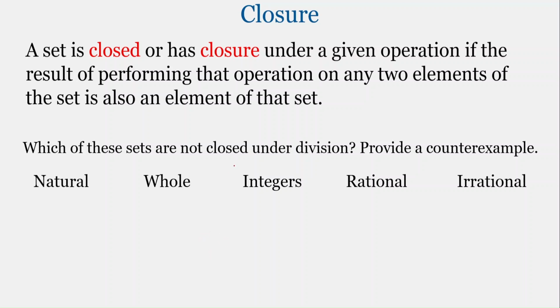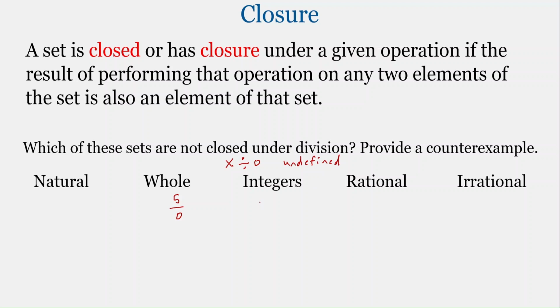We talked a lot about 0, and division by 0 is undefined. So any set that has the number 0 will not be closed under division because division by 0 is undefined. So if we look at these whole numbers, 5 divided by 0 is going to be a good counterexample.